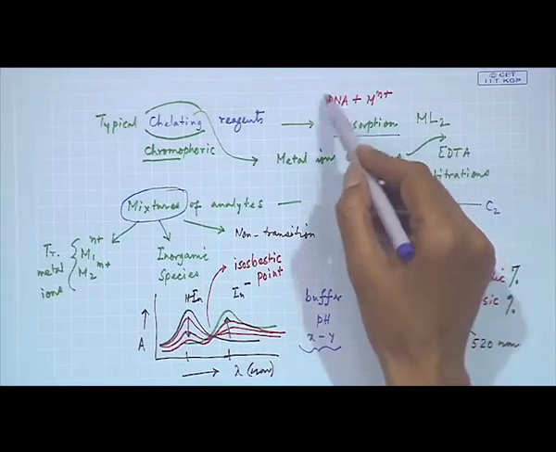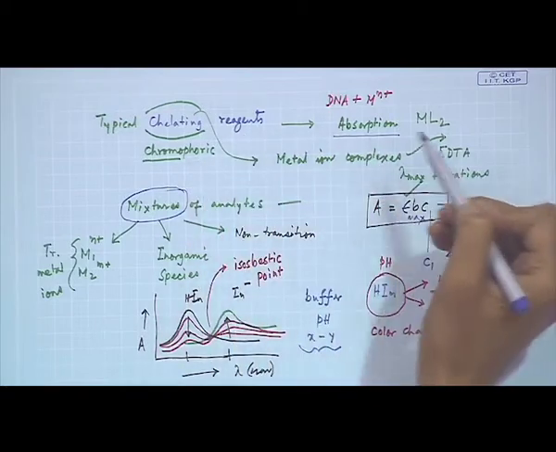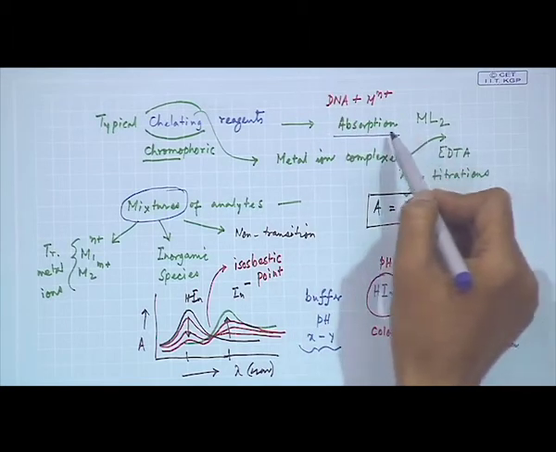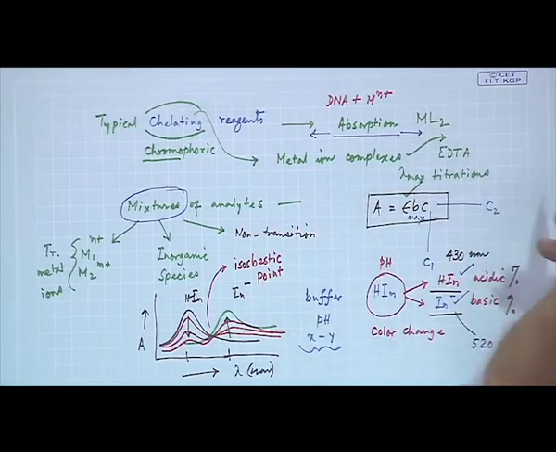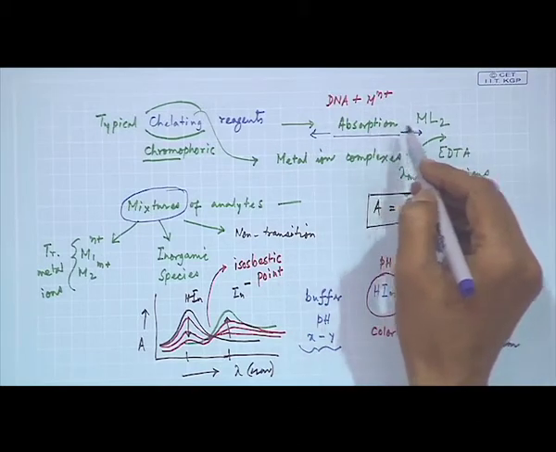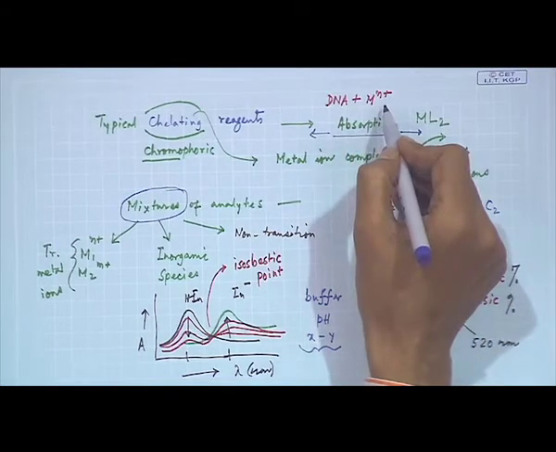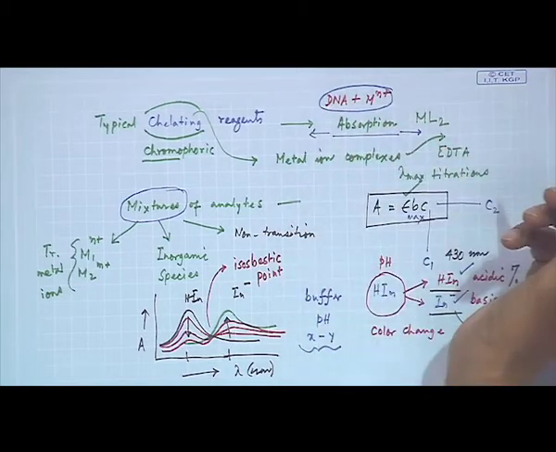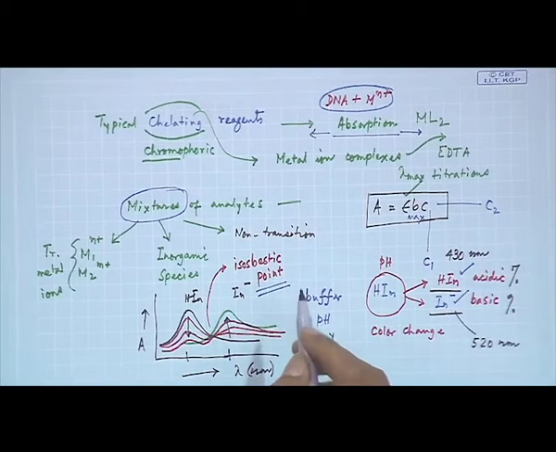If we consider that DNA itself is the corresponding chromophoric reagent, it does not necessarily have to give you color, but it should give you some absorption in the other range also, that means the visible range at the lower side or the near infrared region on the other side. So, if it is responsible for your absorption, we can measure the concentration of the DNA and the concentration of the metal ion, and sometimes also the binding product, that is, whether your metal ion is binding your DNA molecule or not. So, this isobestic point will be very characteristic for all these things.